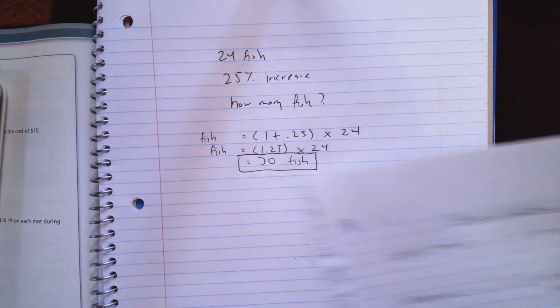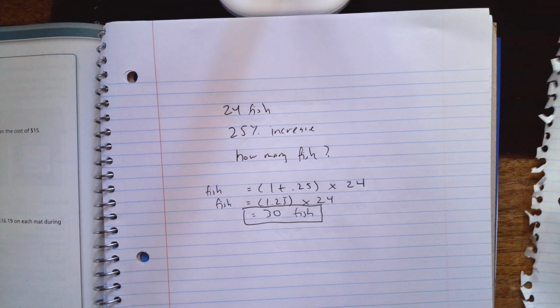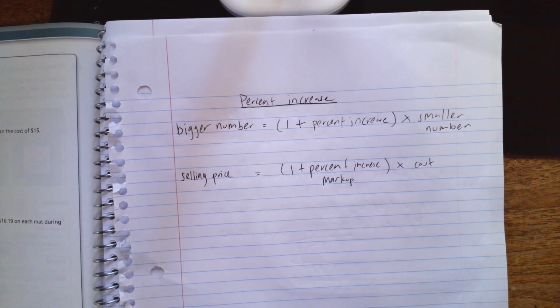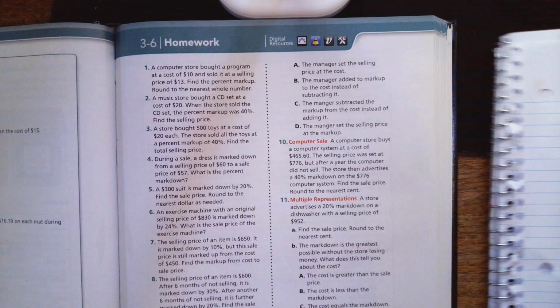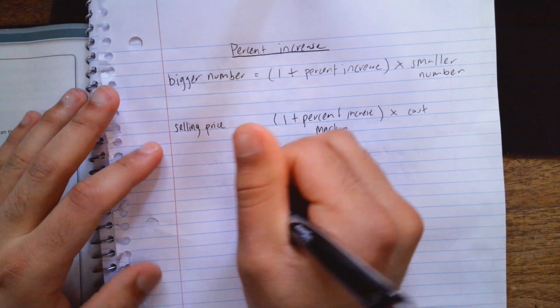Okay. Good. So we've talked about percent increase and our equation that goes with that. And now let's talk about what if we have percent decrease? What are we going to do then?